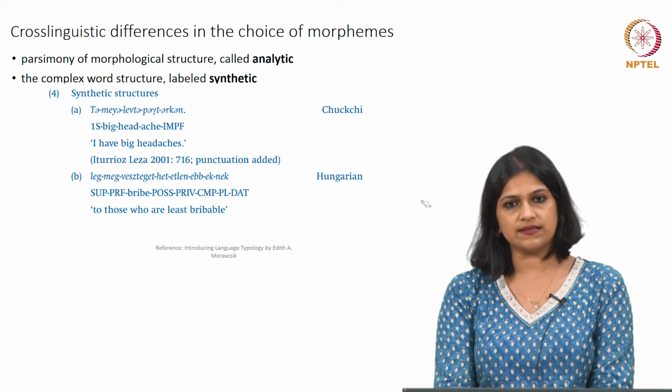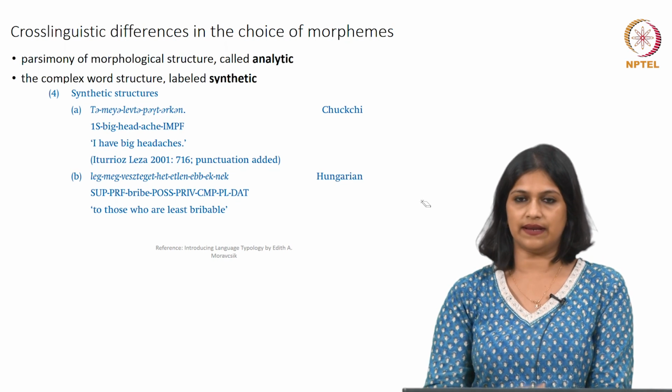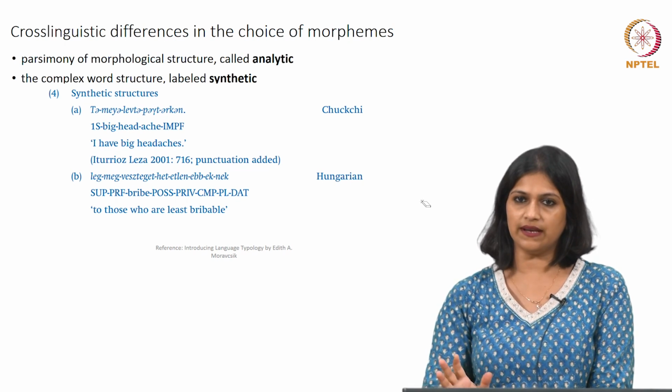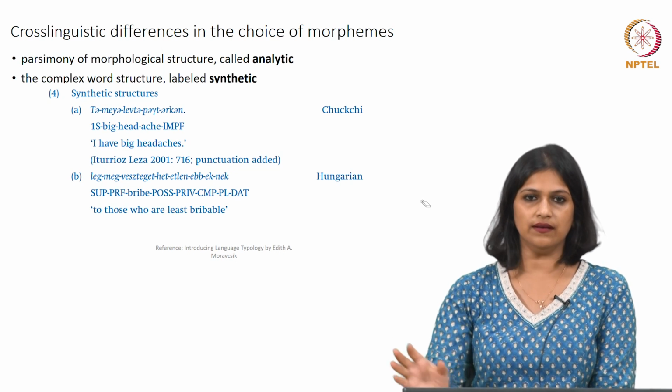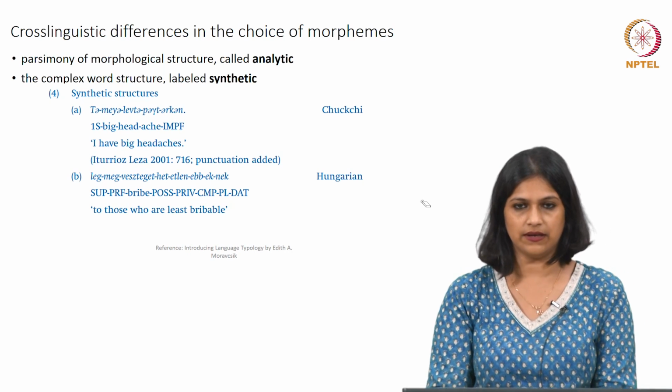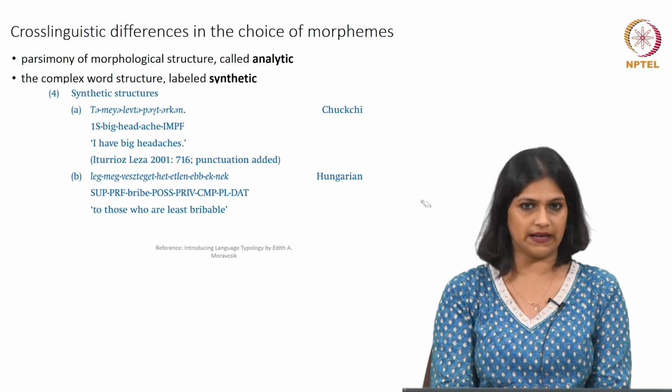Now, my concern for you would be to try to find out which category your language belongs to, whether it is purely synthetic, purely analytic, or somewhere in the middle of the spectrum. Let us find it out. That is an assignment for you, think about it, and then you might encounter questions.